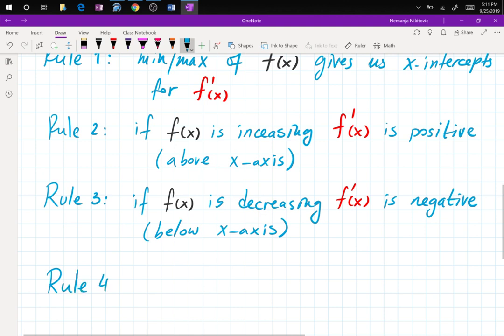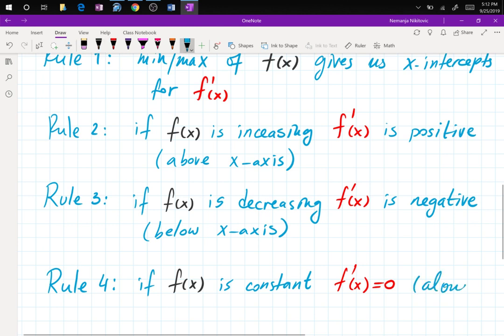Rule 4. If f of x is constant, so if f of x is constant, f prime of x is equal to 0, which means along x-axis.